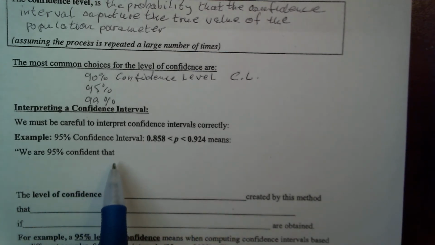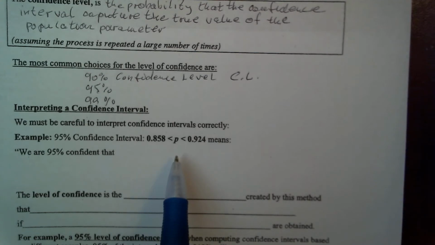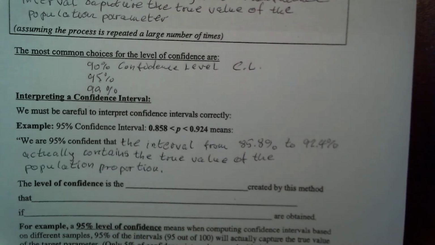This means we are 95% confident that the interval from 85.8% to 92.4% actually contains the true value of the population proportion p.